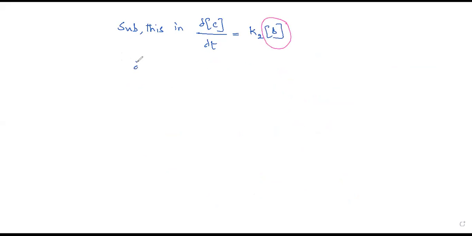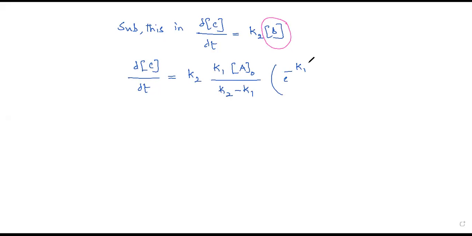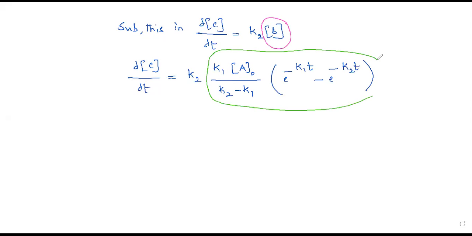Let me substitute it in this. dC by dt is equal to K2 as it is, then the concentration of B is written as K1 into A naught by (K2 minus K1) into (e power minus K1t minus e power minus K2t). This is, of course, B. Now again, this is integrated.